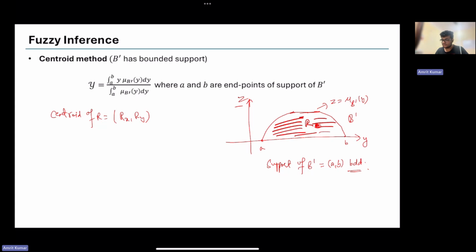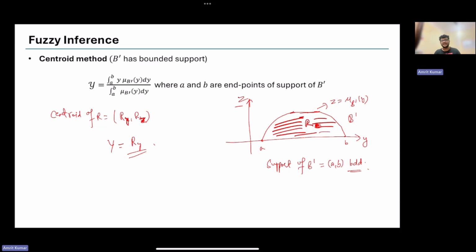Sorry, I should write Y and Z, because we are using the horizontal axis as the Y axis and the vertical axis as the Z axis. So suppose the centroid of R is Ry comma Rz. Then the centroid method says that the defuzzified value of the output fuzzy set is the horizontal coordinate of this centroid, which is Ry.